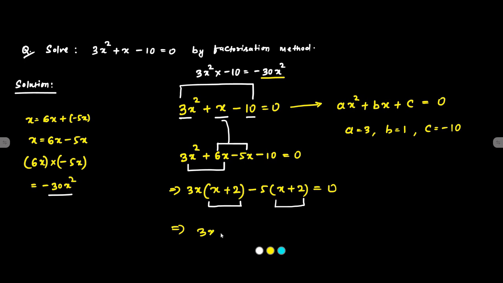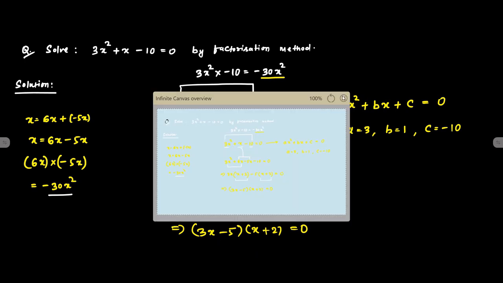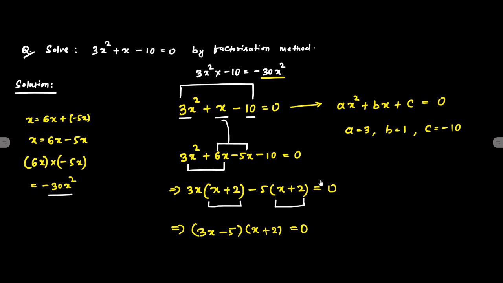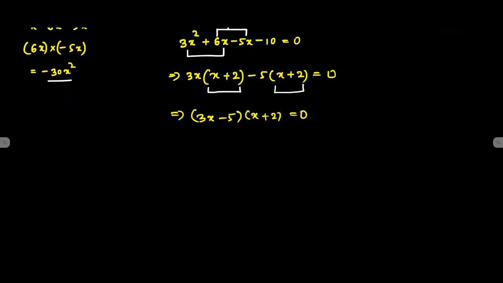That implies (3x − 5)(x + 2) = 0. That implies either 3x − 5 = 0 or x + 2 = 0.